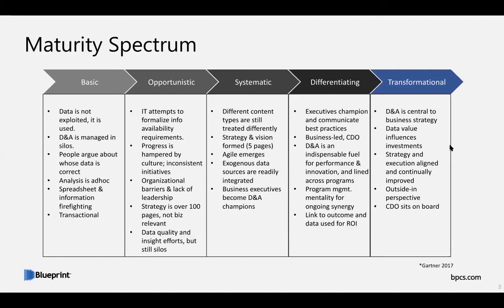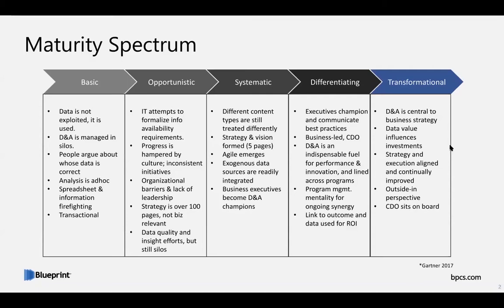IT has a stronger voice in identifying the need for certain types of solutions to deliver for the business. So you're going to have more consolidation, formalized requirements for data and availability of that data. You might have competing initiatives from a data perspective, so you don't have that overarching consolidated strategy coming from the top down. But from a bottom-up perspective, the concepts of data utilization and what it means to the organization overall are starting to gain more momentum.